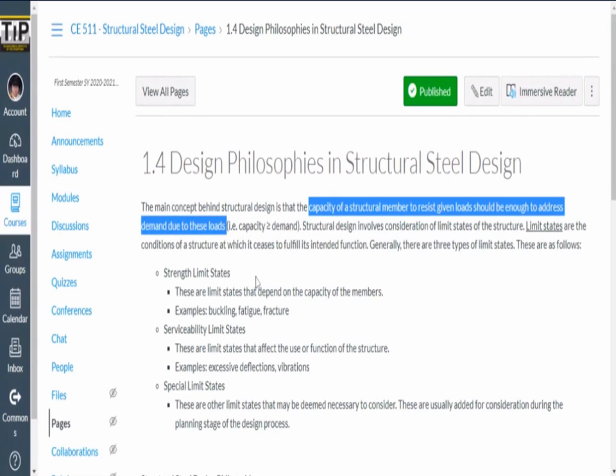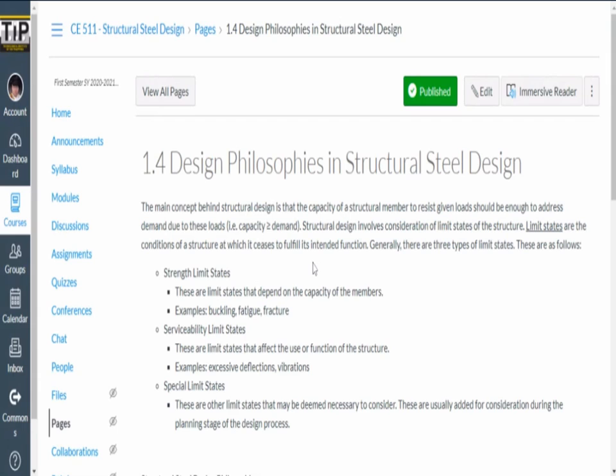So that's the main concept. So the capacity is greater than or equal to the demand. Okay. So at the moment that the demand exceeds the capacity, meaning the structural member may fail.